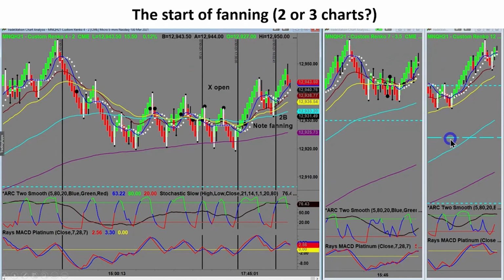Now if you're a brand new trader and you find it a little daunting having 3 charts up, you can start off just by having your entry chart and your anchor chart 1, and in time you can introduce anchor chart 2. As you gain experience, you'll discover just how important that can be for divergences, trend continuation, and many other setups.